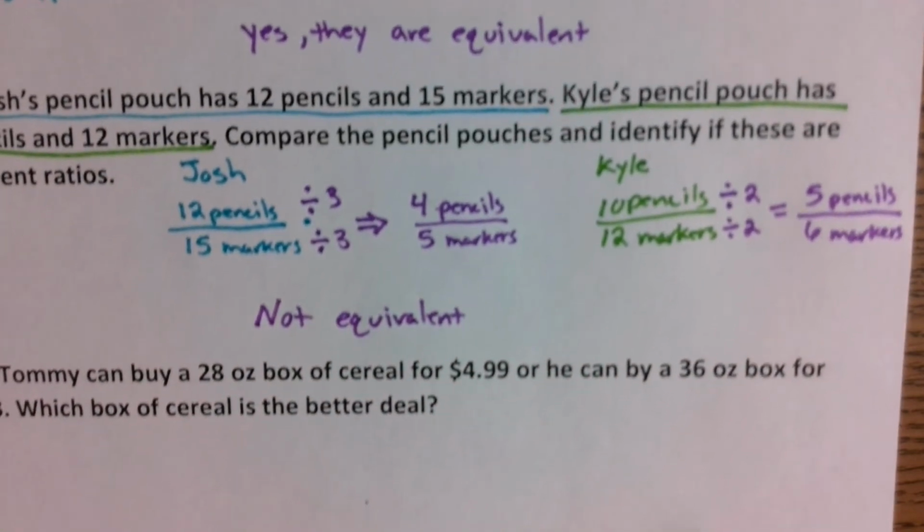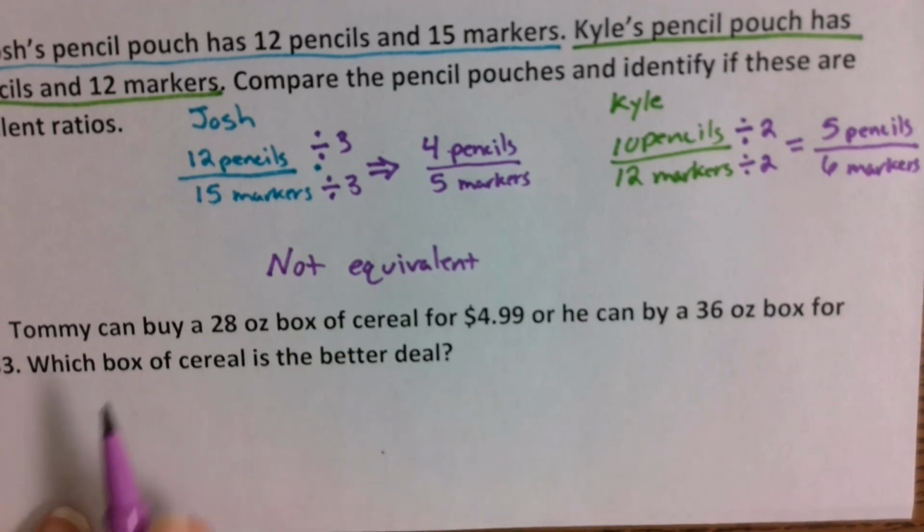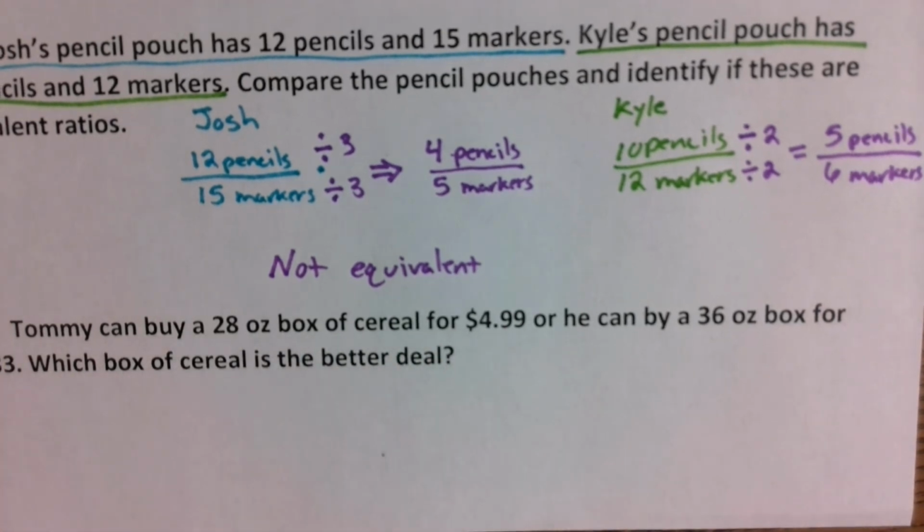Okay, problem number 5, it's just a reminder of unit rates. Remember when we talk about a unit price is always going to be what on top? Money or item? Money. Money always goes on top. So Tommy can buy a 28-ounce box of cereal for $4.99.